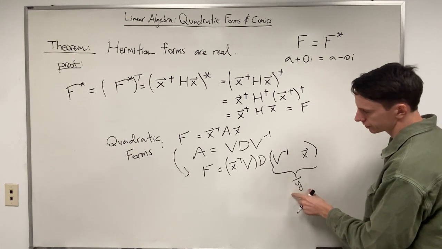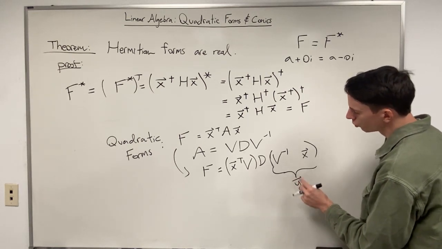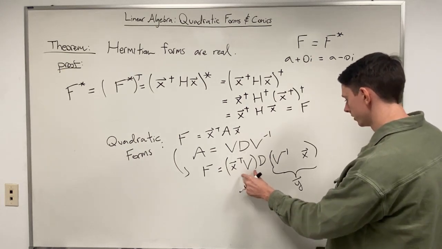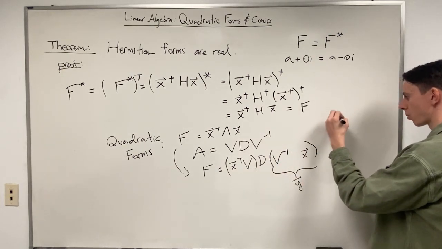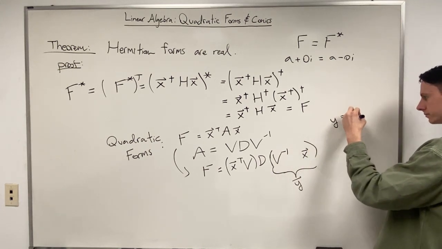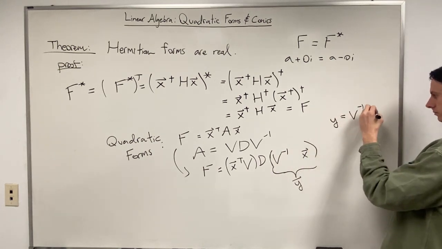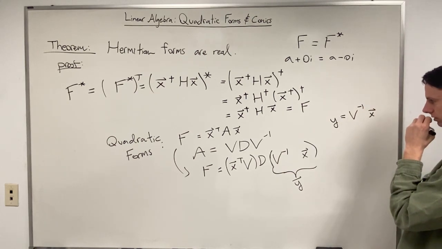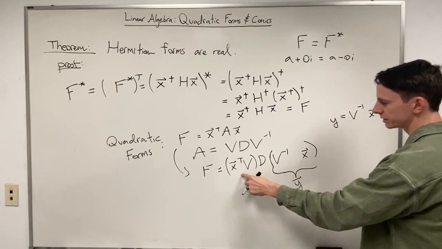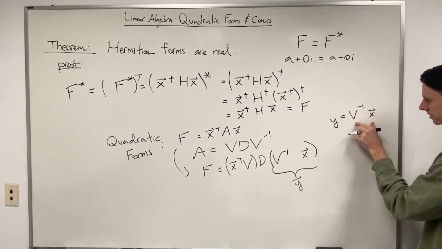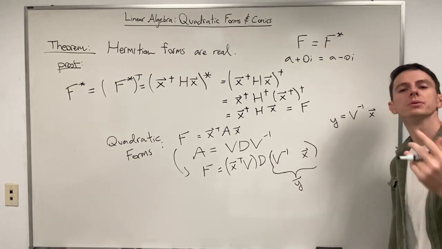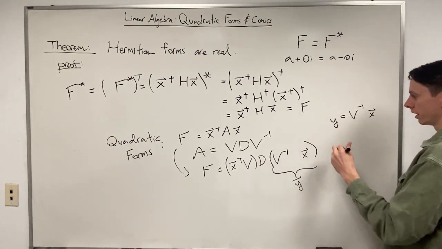And maybe let me just be explicit that y is going to be V inverse times x, like this. This quantity right here seems like it's kind of related to this quantity. And I'm almost going to give the answer away, but let's see why this is the answer.